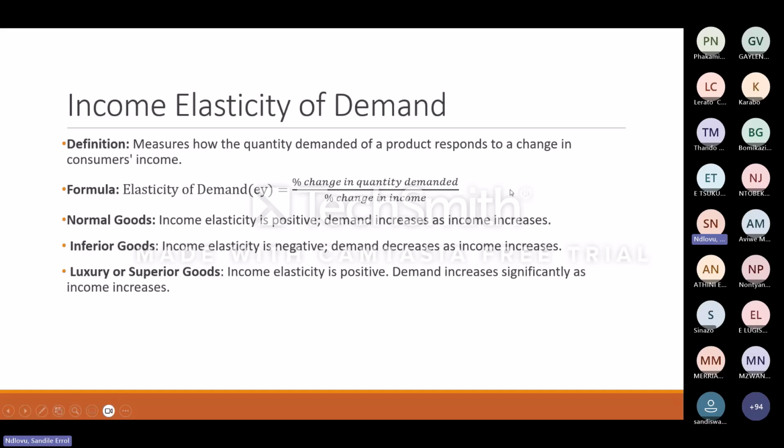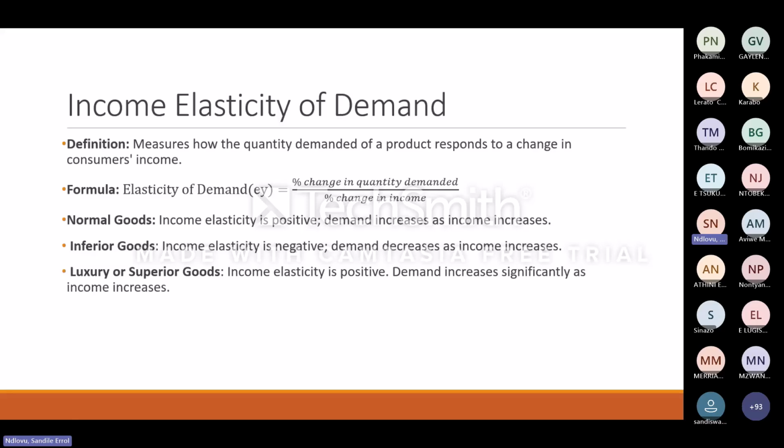And for normal goods or necessities, this value is between 0 and 1, which reflects that as your income increases, you'll generally spend more on normal goods or your necessities, such as groceries and your water and electricity.